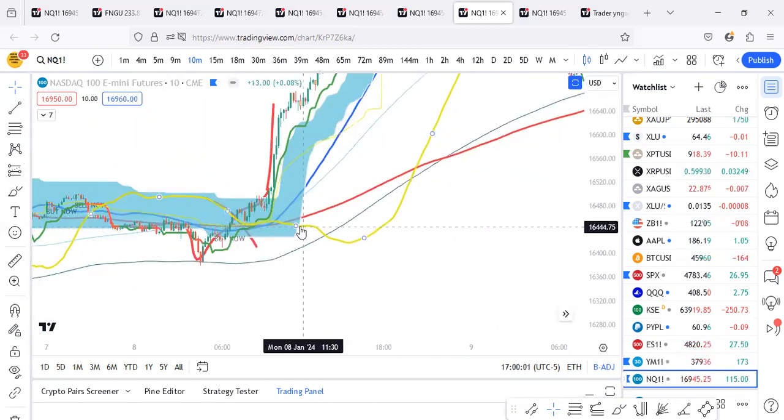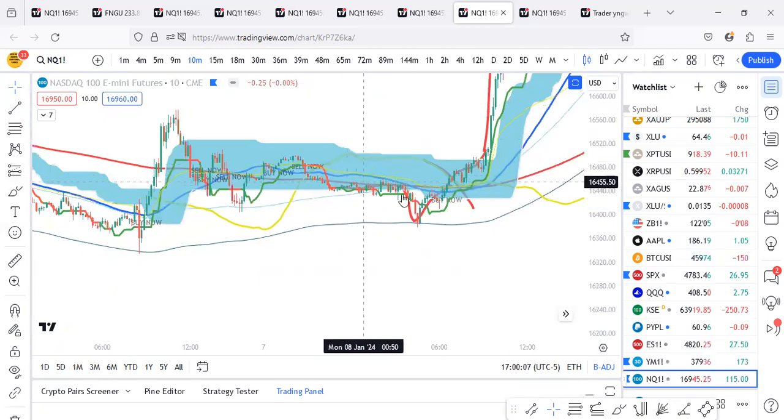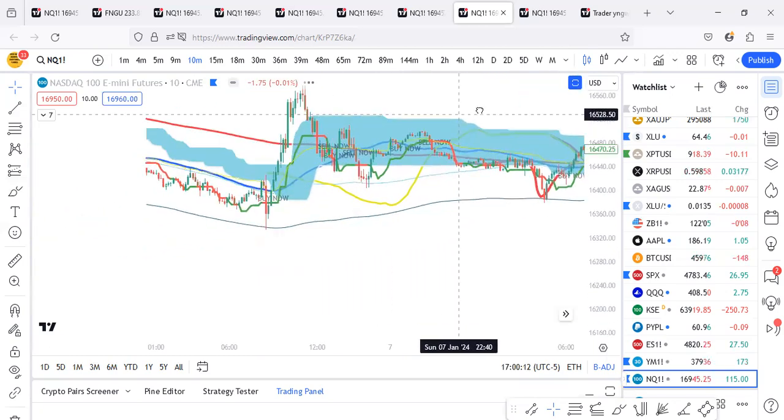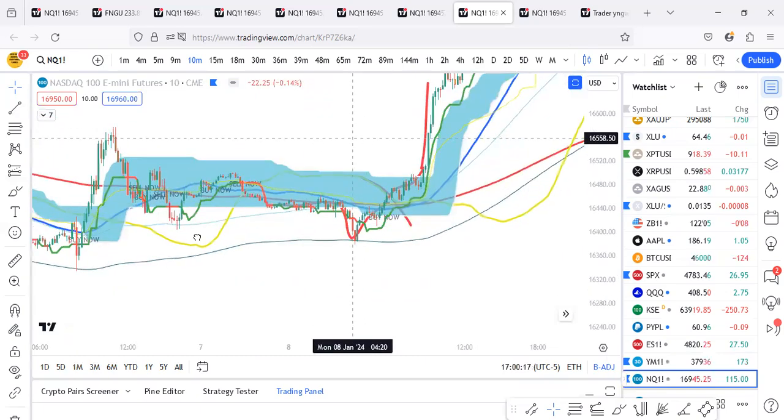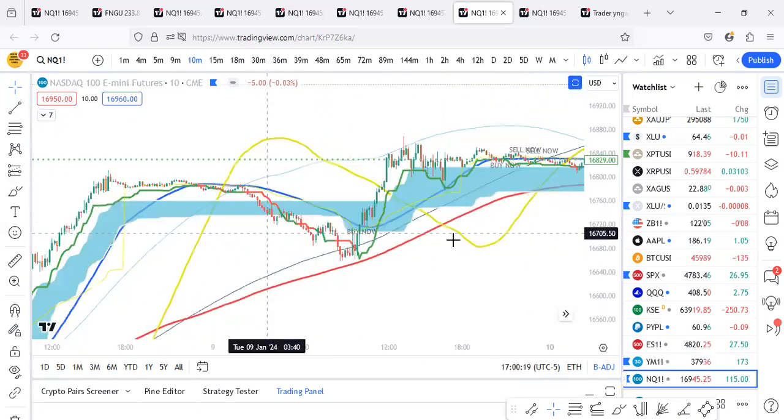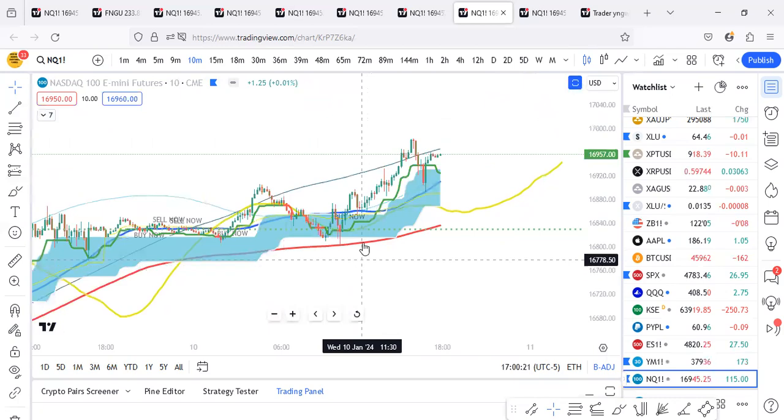I use it as a timing indicator, like I did over here when the breakout occurred. And when this nonsense was happening, I was chilling. I knew that nothing would happen until this breakout occurs. I just use it by looking at 2, 3 indicators. That's it.